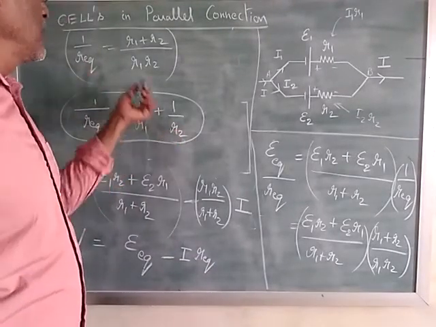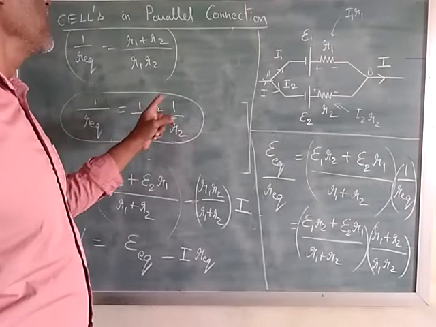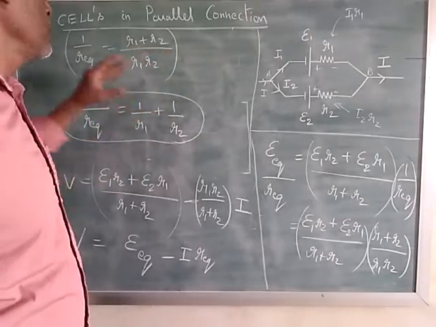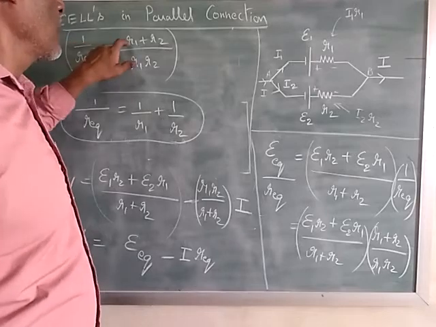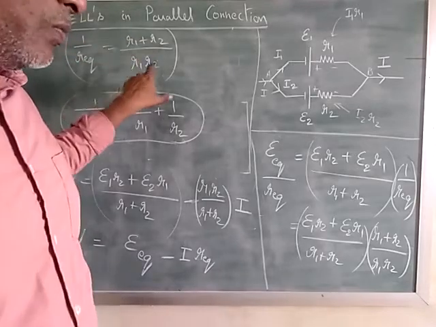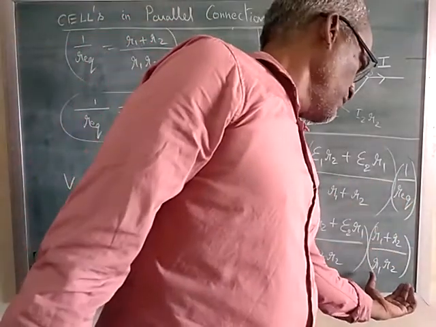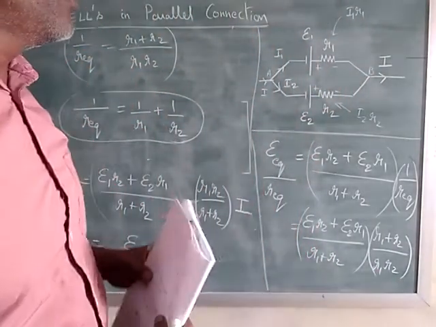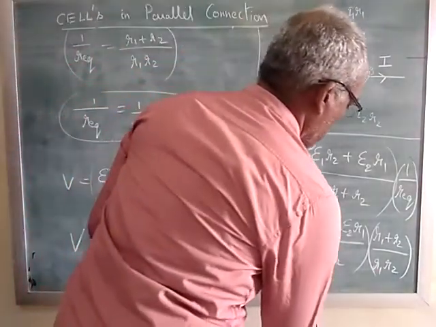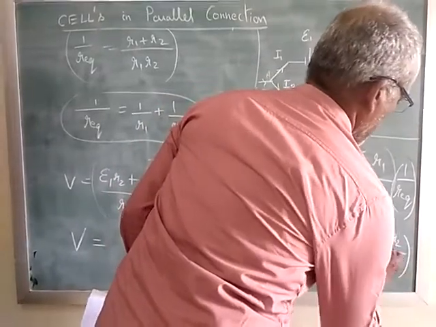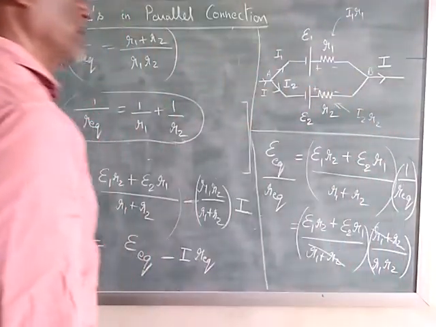So you take LCM R1 R2, that is 1 by R equivalent is R1 plus R2 divided by R1 R2. So we are substituting that value here. Now if you carefully see, this R1 plus R2 and this R1 plus R2 gets cancelled.